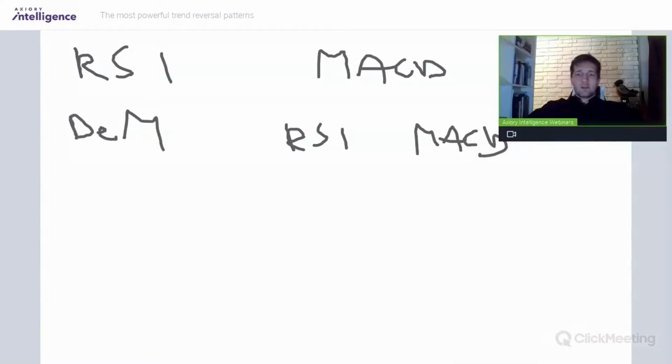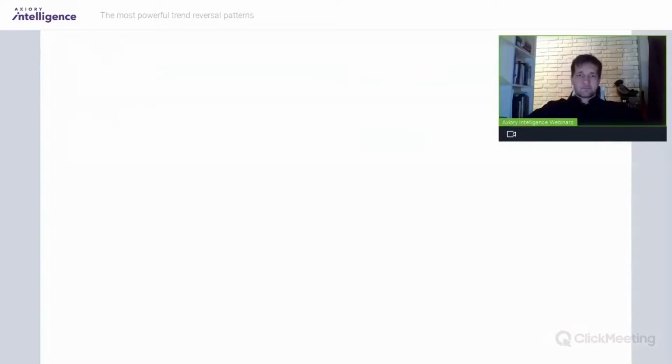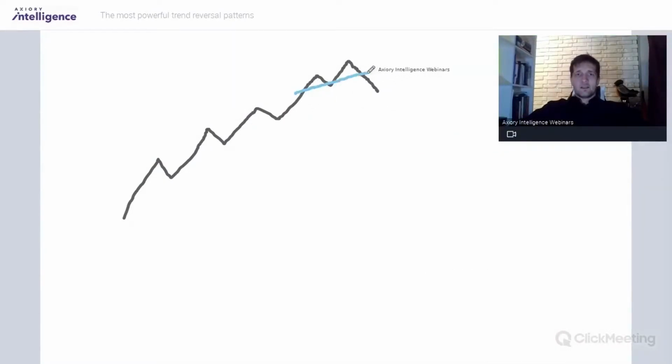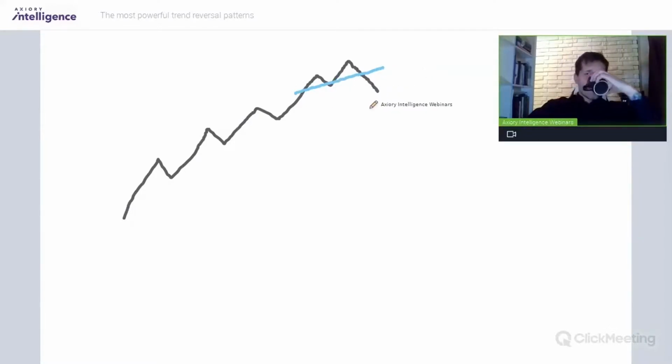So what about those indicators? You have an uptrend and price makes double top. First of all, double top has a neckline, depending from the previous price movements, but let's say that for this example, this is the neckline of this formation.